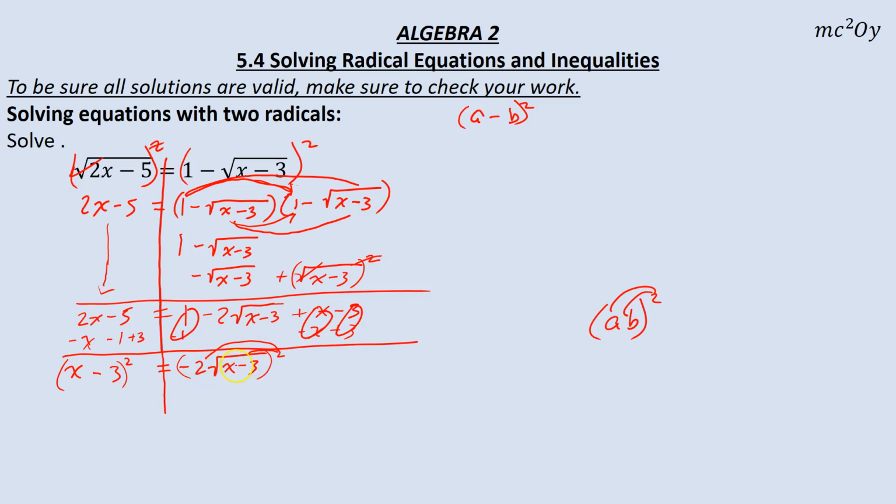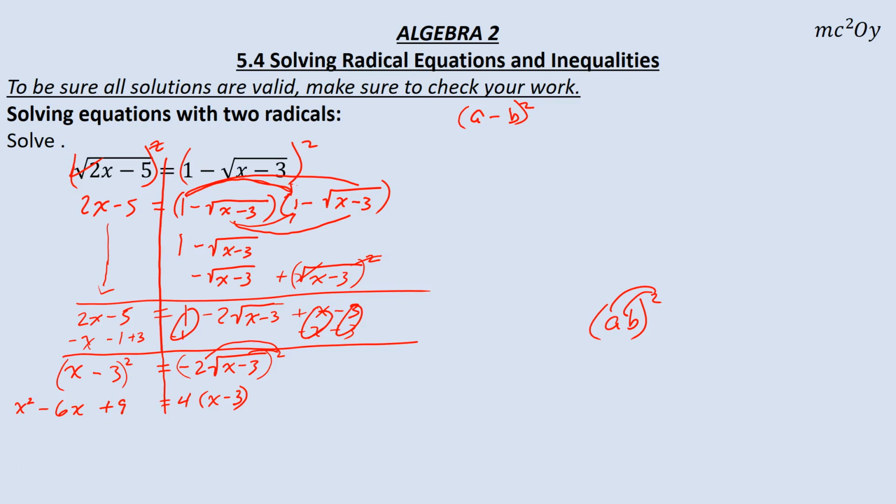Negative 2 would be a, and the root would be b. So I'm left with positive 4 times x minus 3. I have to put that in parentheses because you're multiplying this thing by that. When you bring it out of the radical, you have to put it in parentheses. And squaring this gives me x squared minus 6x plus 9. I dealt with that a little earlier, actually.